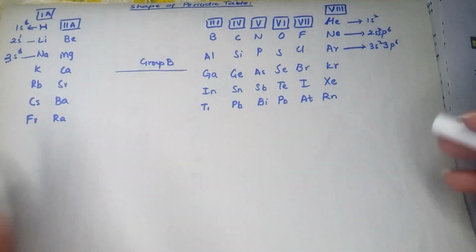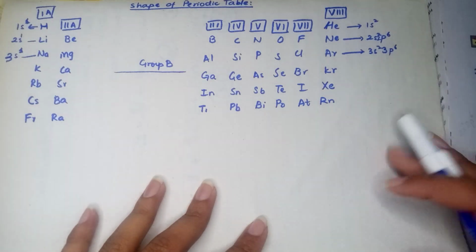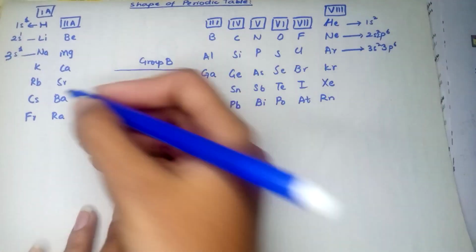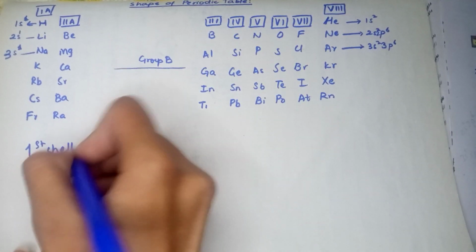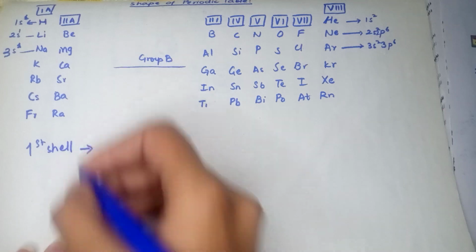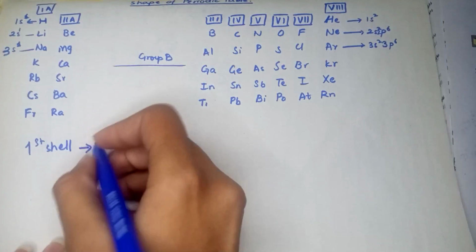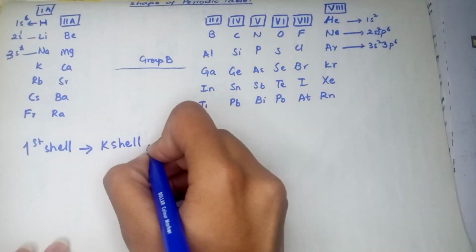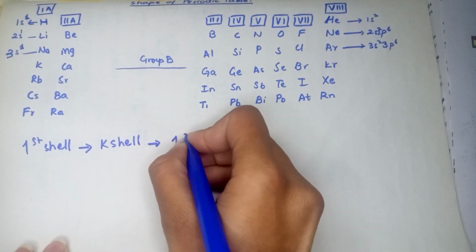We will discuss what periods are, what groups are, and in general what the shape of the periodic table is. First of all, as you know, the first shell has how many electrons? Do you know its electronic configuration? The first shell is also known as the K shell, so you should know the name, and the electronic configuration of the first shell is 1s2.